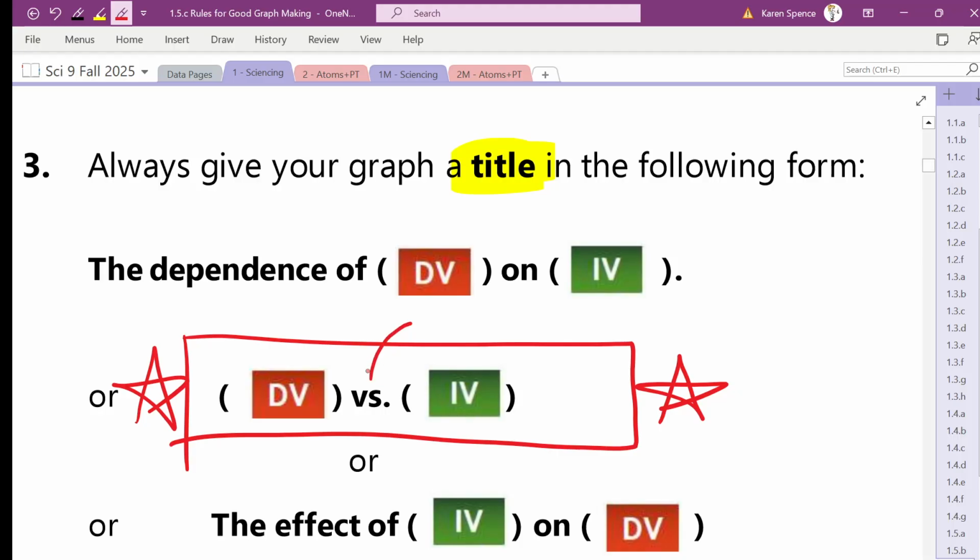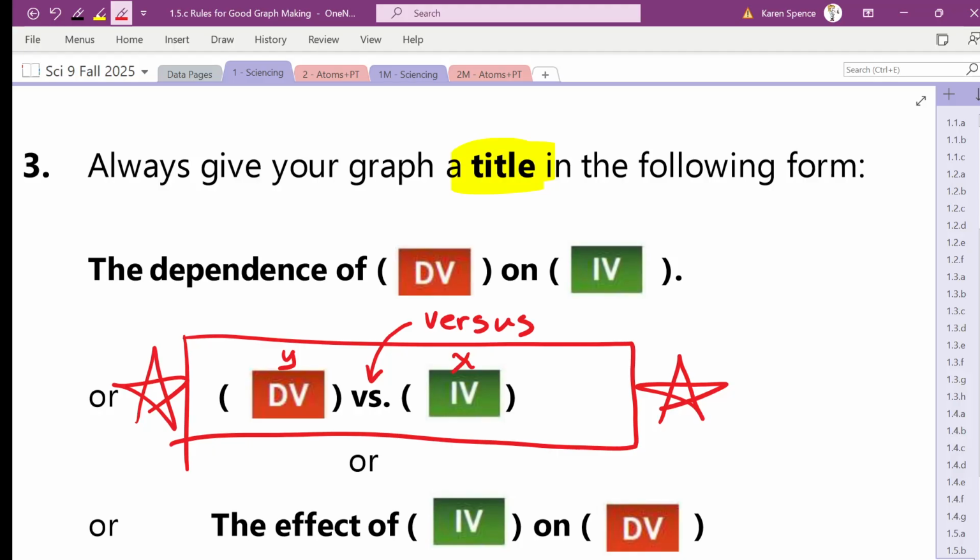Do you guys know what VS stands for? Versus independent variable. Which axis does the dependent variable go on? The y-axis. And then the independent variable is the x. So it's always going to be y versus x.